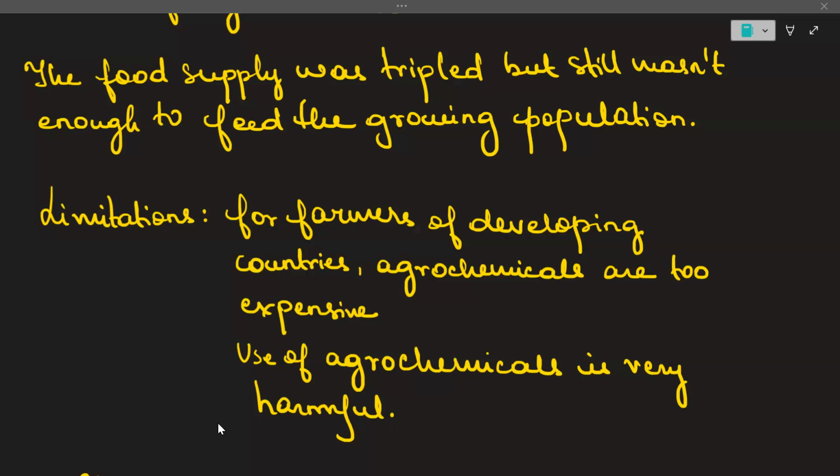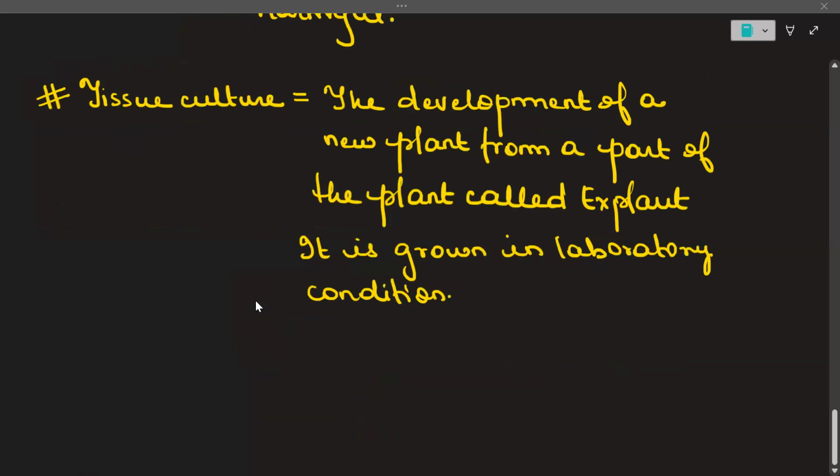Now, this chapter has certain terms that we are going to discuss. So, the first one is tissue culture. See, tissue culture is the whole entire procedure wherein a new plant is developed from a part of the previously present plant. And we call that part the explant.